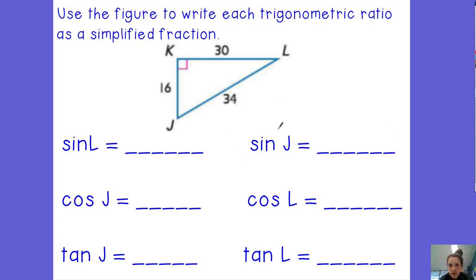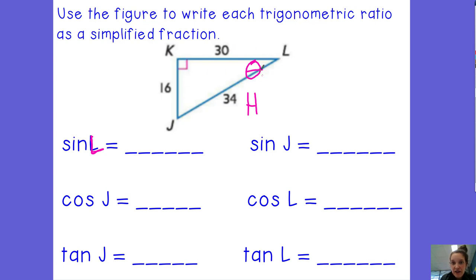Okay, so let's do the first one. Sine of angle L. So here's angle L. Angle L is now my theta. So I want to identify which side is opposite, which one's adjacent, and which one's hypotenuse. So my hypotenuse is always going to stay the same. My hypotenuse is 34. If my angle is L, which of the two legs is my opposite leg?